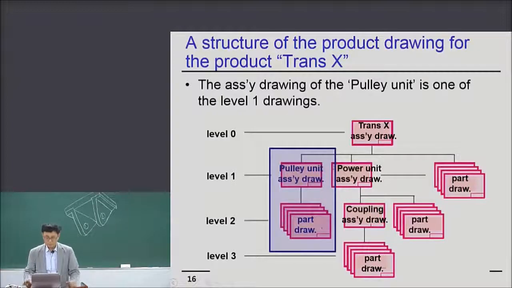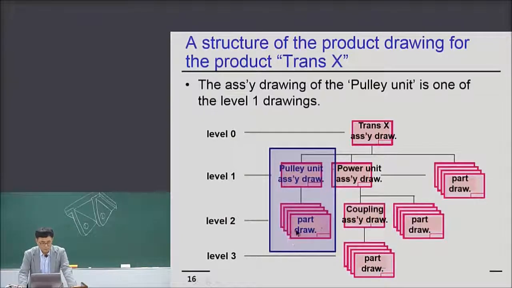It means that according to the 4 part drawings, there are 4 parts, and the power unit and the pulley unit are here. Purchase parts are listed in the assembly drawing for transmission X, and then you can assemble transmission X. Now looking at the level 1 pulley unit assembly drawing, it has 4 part drawings, no assembly drawing, only 4 part drawings.